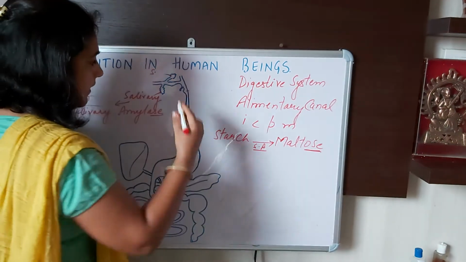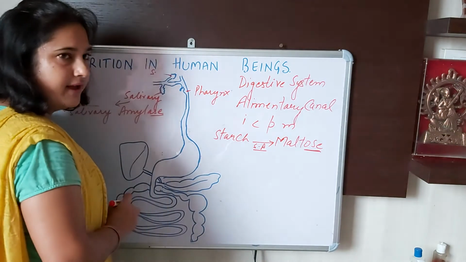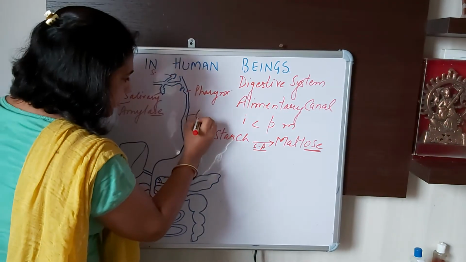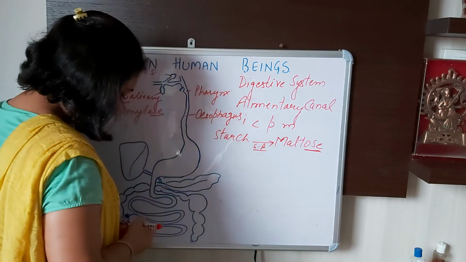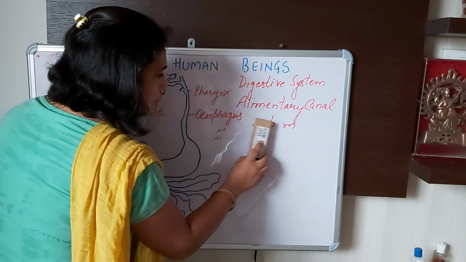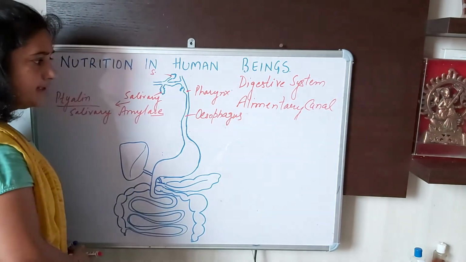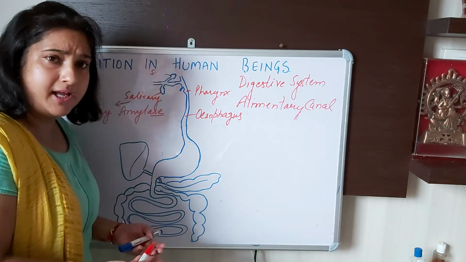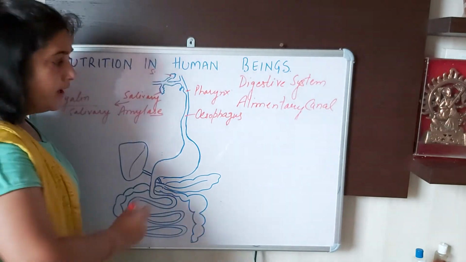Then we have the pharynx. A small passage which is called the pharynx helps in easy passage of food towards the esophagus. Esophagus, or you call it the food pipe, the common name for a layman. The esophagus does not digest the food; there is no digestion that takes place in the esophagus.